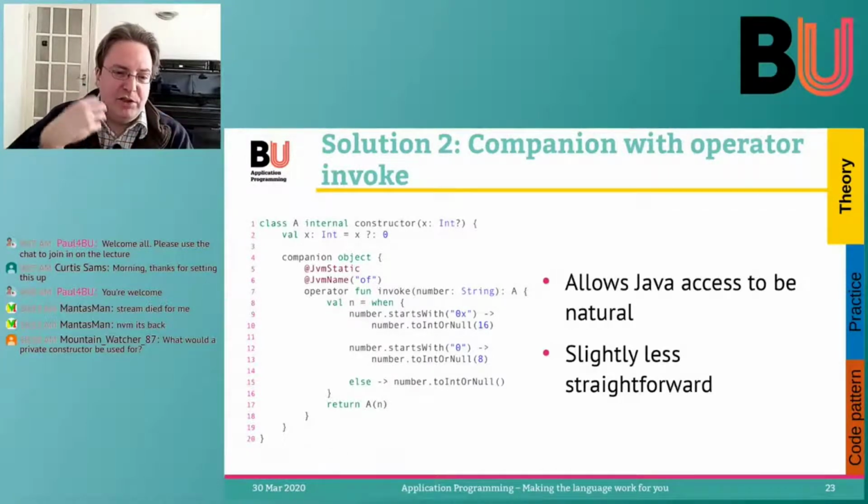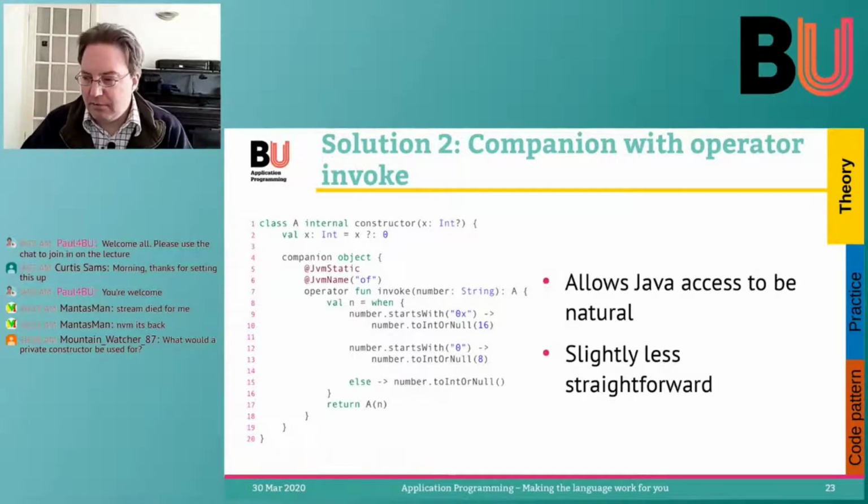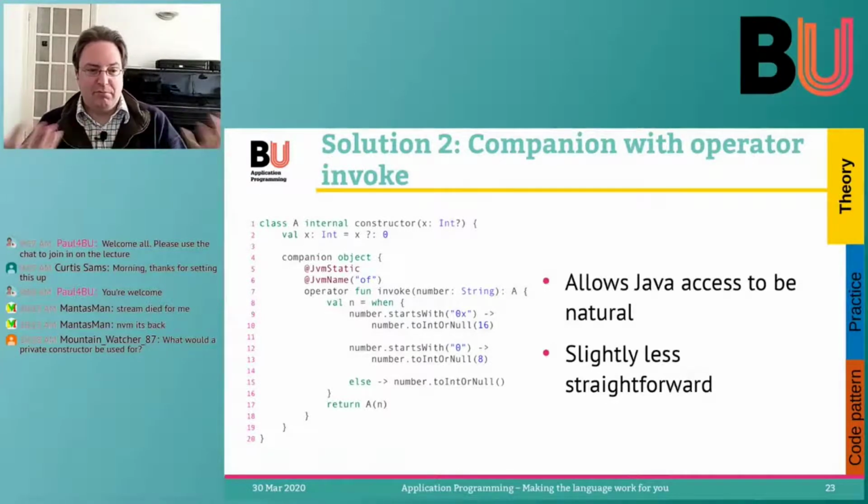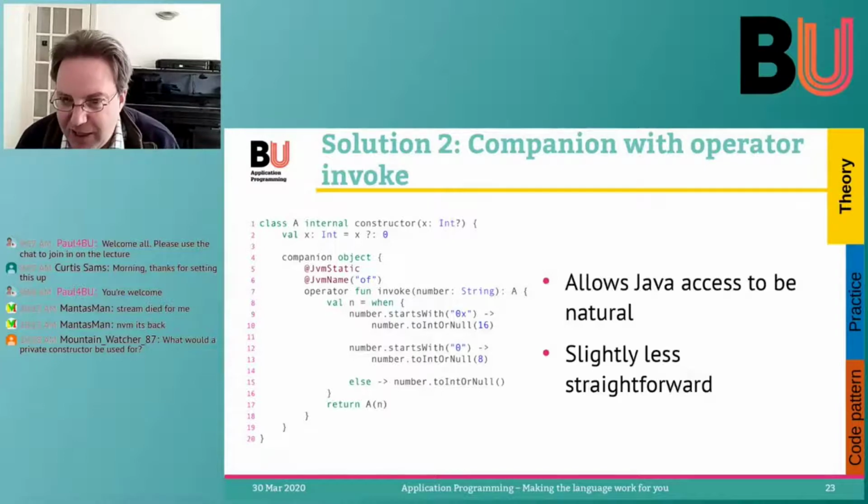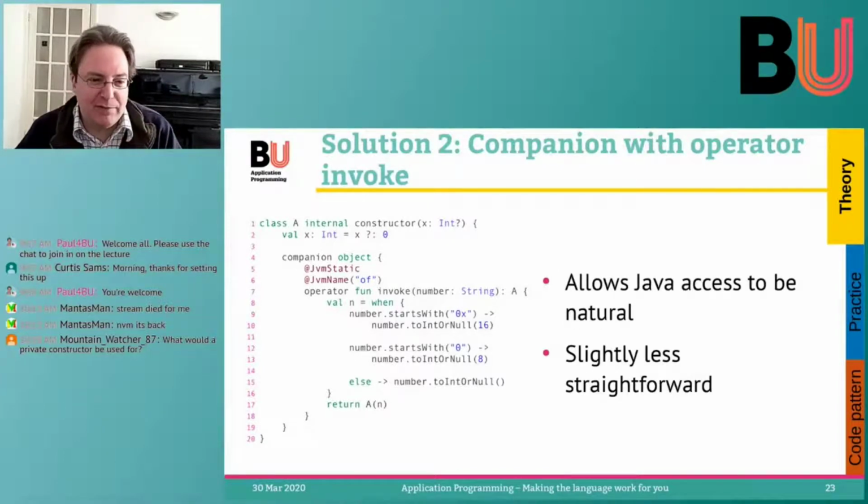But in the JVM, one of the conventions for creating an object is to call it of. So we get A.of(8), and we get whatever object belongs with that. That's one of the ways you can have a factory. I mean, there are different conventions for factory naming. This is one of them.